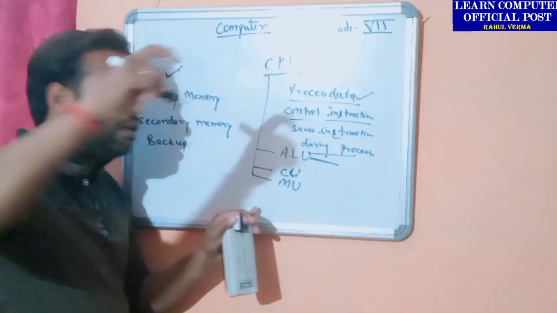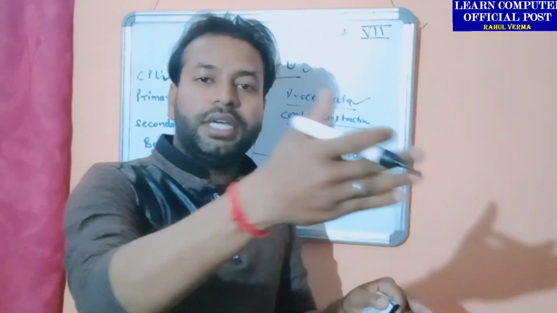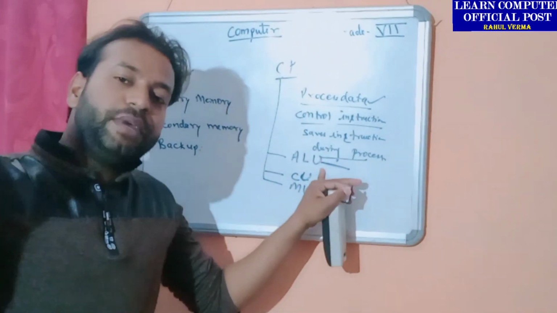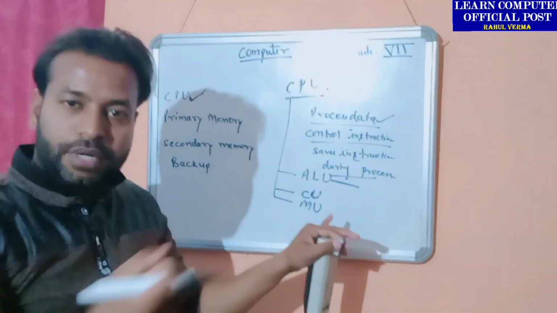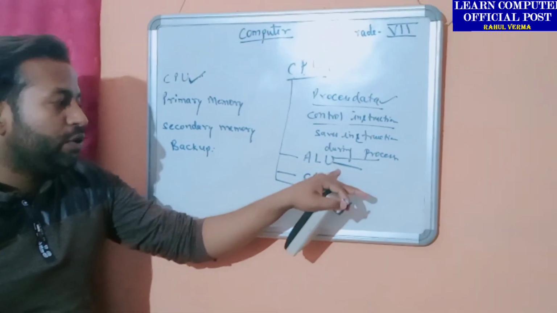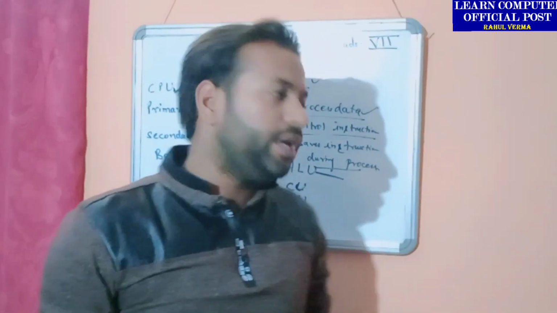Why is it arithmetical logical? It means arithmetical operations will be solved or evaluated by ALU. Clear? Once an arithmetical operation comes into the CPU, it will be evaluated by the ALU, then after it a logical value will be assigned and then the result will be given.